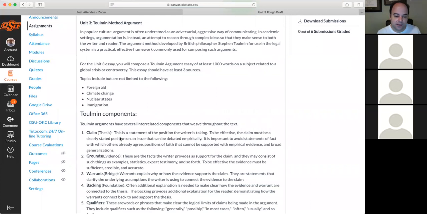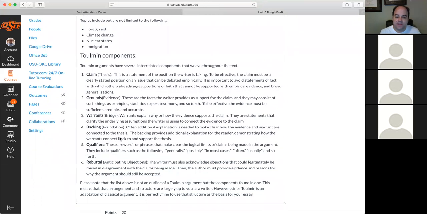And the approach of this particular essay is called a Toulmin argument. Toulmin is a British philosopher, and this is an adaptation of classical argument. Now, it essentially has a lot of the same elements.